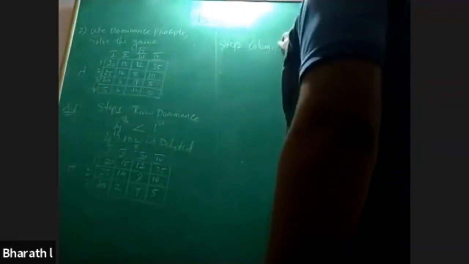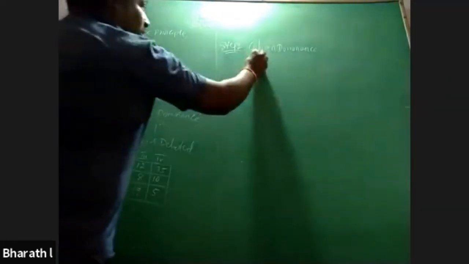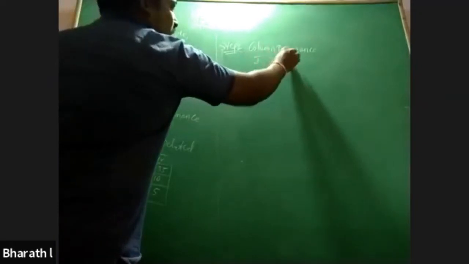Then we will apply step 2 for this reduced matrix, that is column dominance. When you apply column dominance, you will check with respect to first and second. 20, 15, 20 is greater, 25, 14, 25 is greater, 42, 40 is greater. This first column is greater than second.